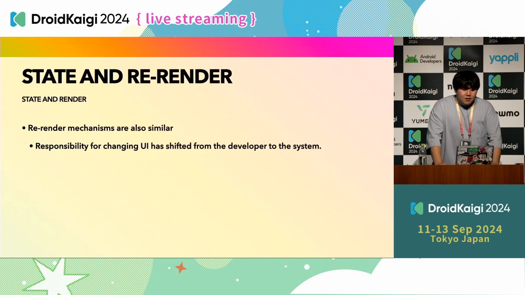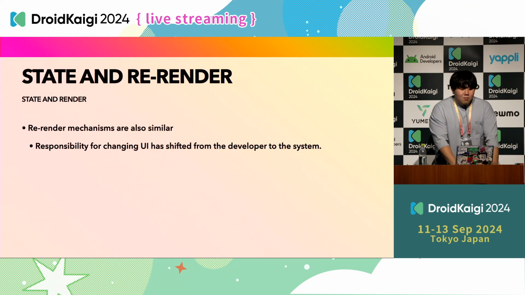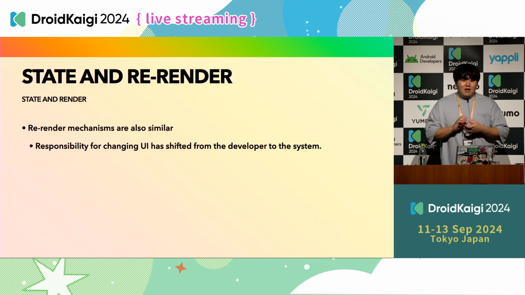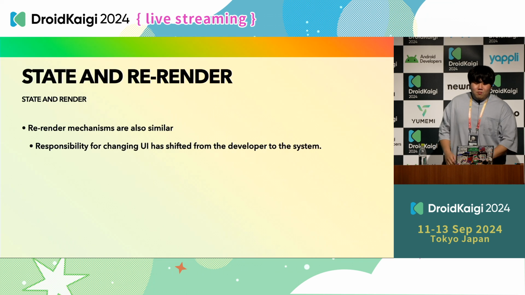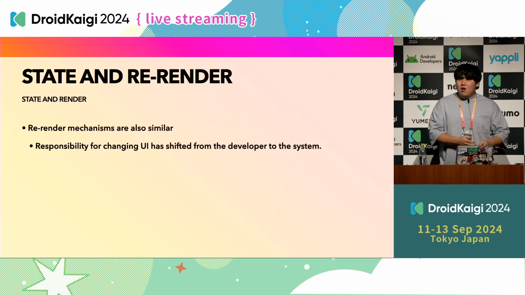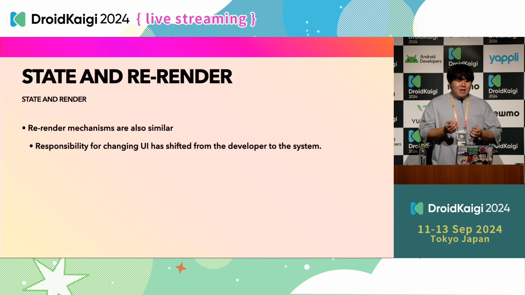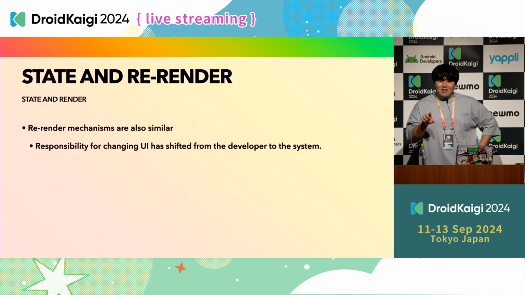The core of the re-rendering mechanism can be considered largely similar across different systems. The most significant change is that the responsibility for updating the screen has shifted from the developer to the system. Previously, developers had to manually set the state or state handlers with methods like setText or setOnClickListener.